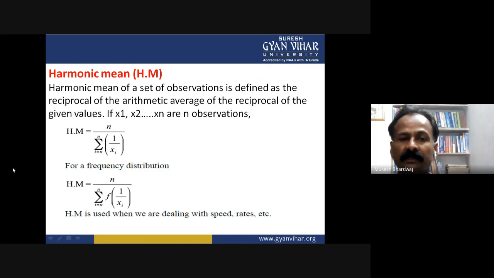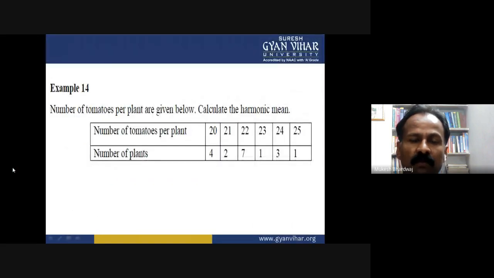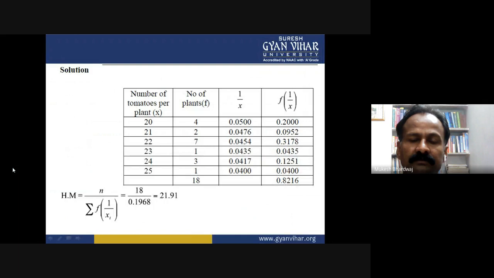Whatever result comes out after averaging the reciprocated observations, again take the reciprocal, and this will give the harmonic mean. We use the harmonic mean when we are dealing with speed, rates, etc. These are the examples to calculate the harmonic mean.